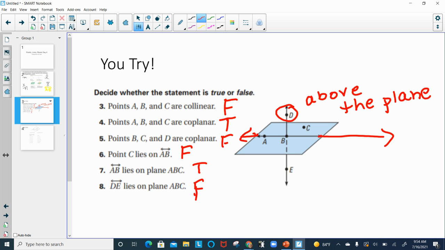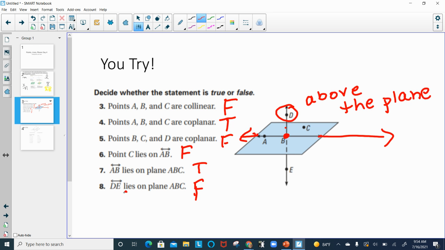Now you might be thinking, yeah, but Miss Lucas, it touches the plane, but all it's doing is starting out from above the plane, intersecting it at B, and continuing on below the plane.